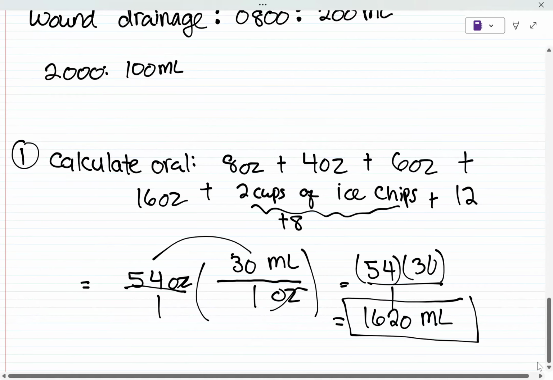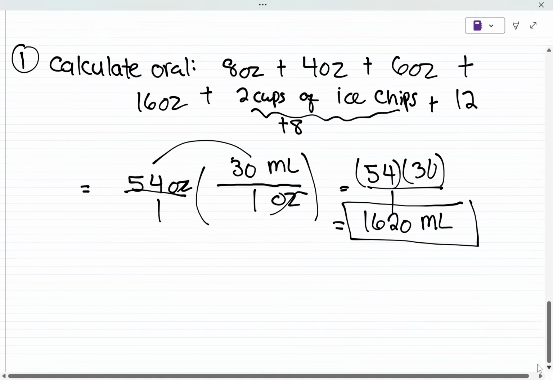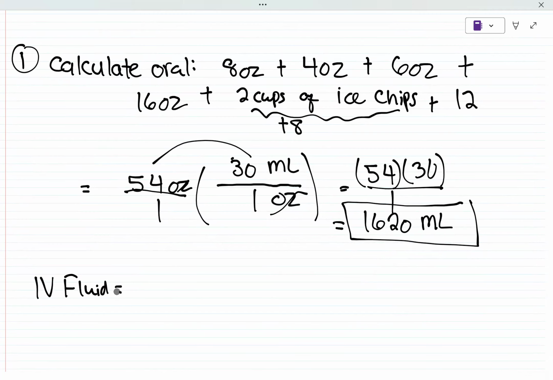Okay, now the patient also had an IV fluid of 75 milliliters per hour. We want all fluids in milliliters, right? So an IV fluid of 75 milliliters per hour. Now, how are we going to convert that?